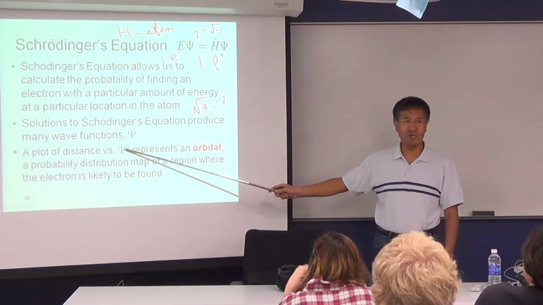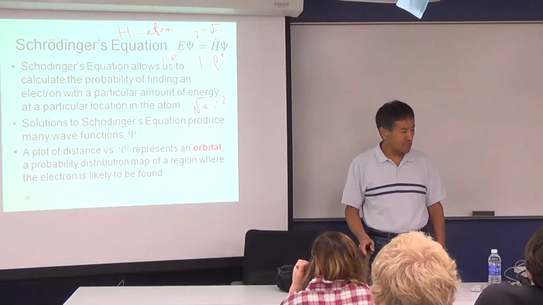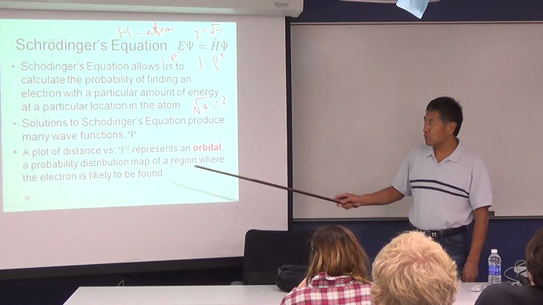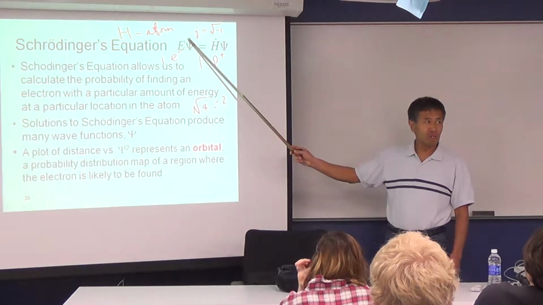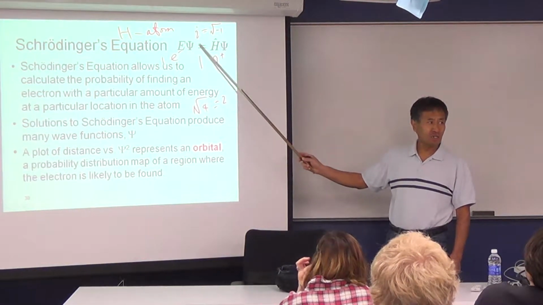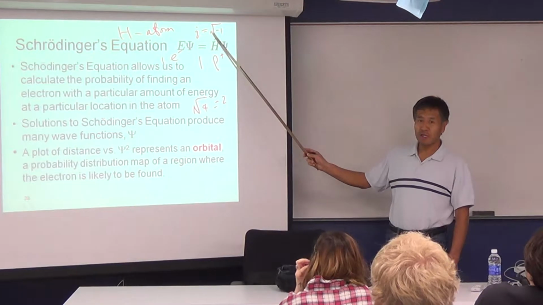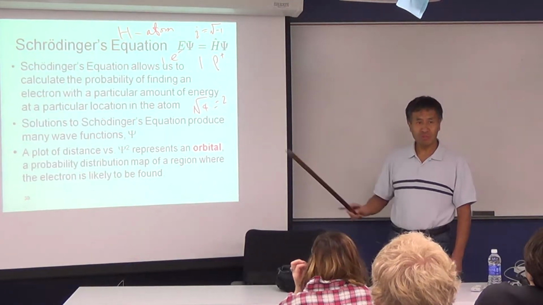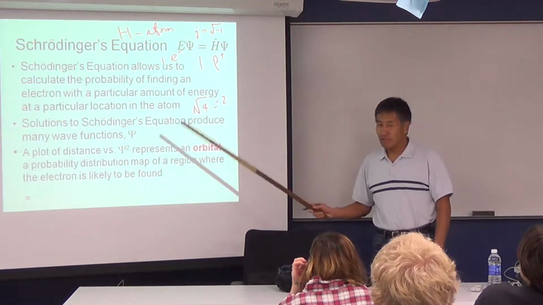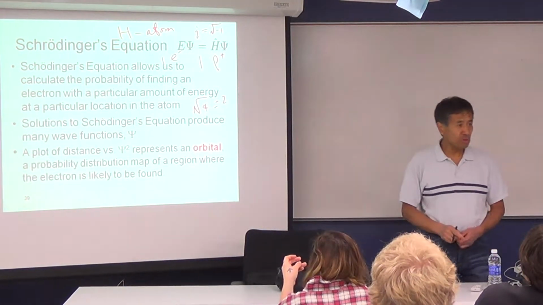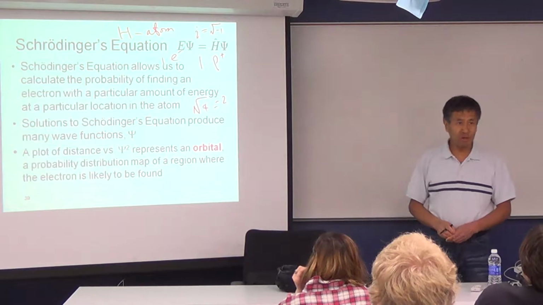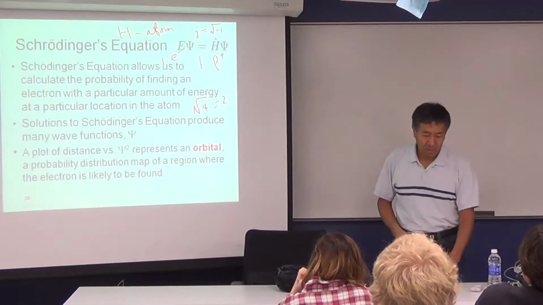So psi squared is not an imaginary number anymore. Once you square that psi, the i disappears. But if you have i in it and you square this i, you get negative 1. Right, so that is very important to us because we will see what it is standing for.